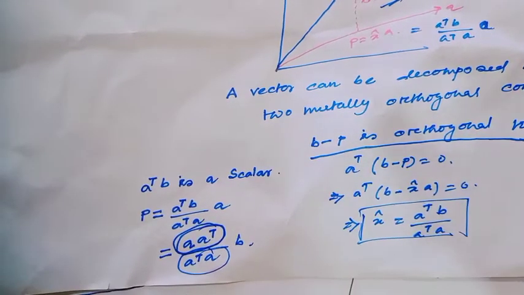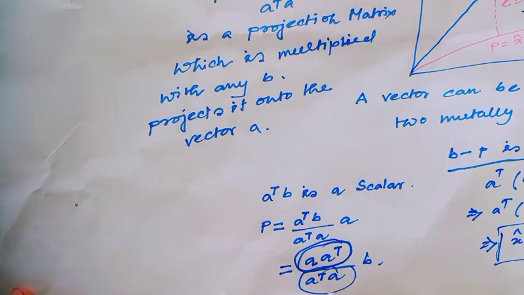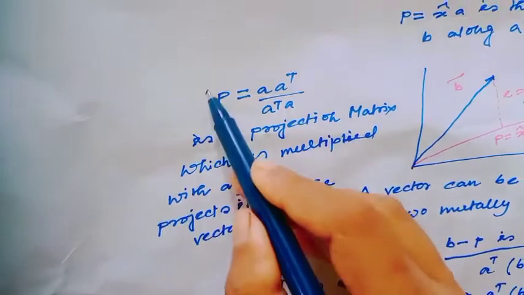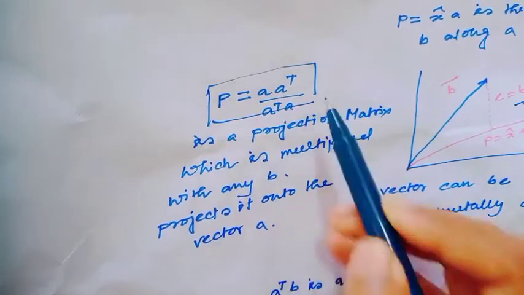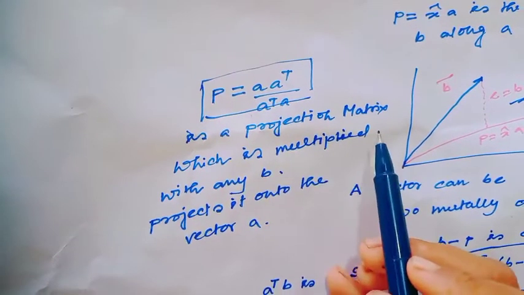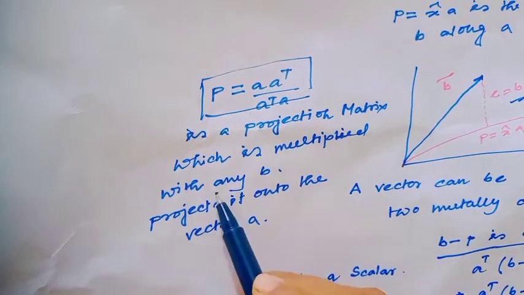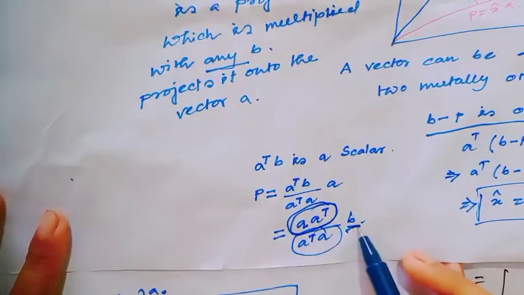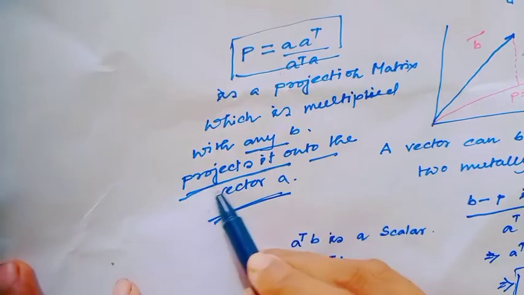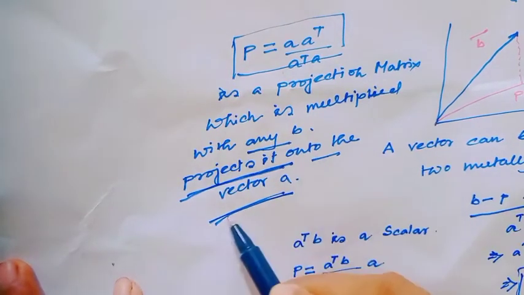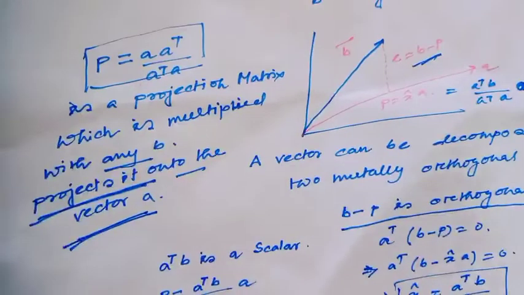We all of us know, since P equal to A A transpose over A transpose A times B, this P is actually the projection matrix which is multiplied by any B, which projects it onto the vector A, and this is the picture.